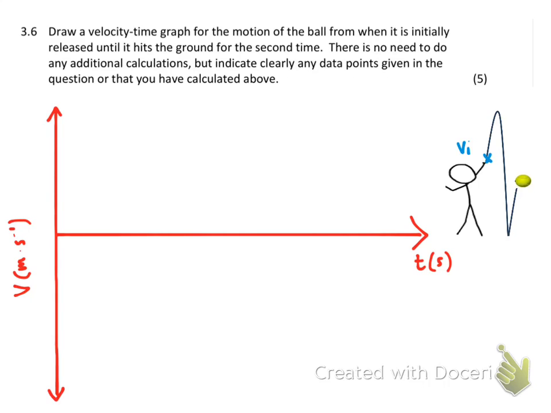Our initial velocity upwards, we calculated right at the beginning as 4.95, so we can indicate that at t equals 0, our initial velocity is 4.95, that's a positive value. Then up at the top, the highest point, the velocity is 0, so that's another point. At a certain time, the velocity is 0.